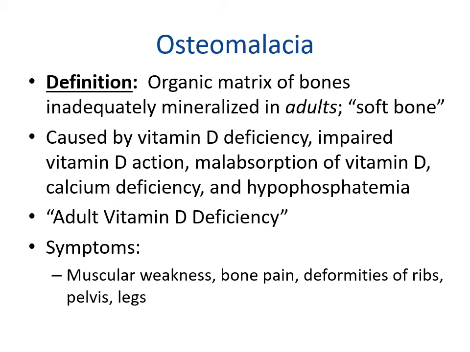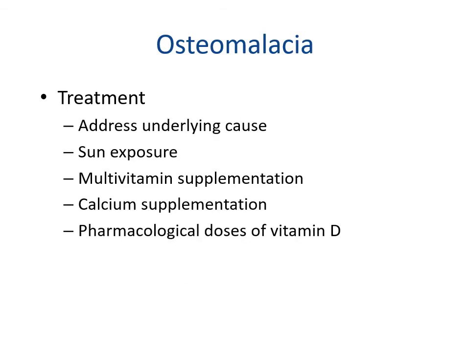But again, you'll commonly hear this referred to as adult vitamin D deficiency. And symptoms include muscular weakness, bone pain, deformities of the ribs, pelvis, and legs. And so the treatment, again, we have to address the underlying issue: sun exposure, multivitamin supplementation, calcium supplementation, and pharmacological dosages of vitamin D.